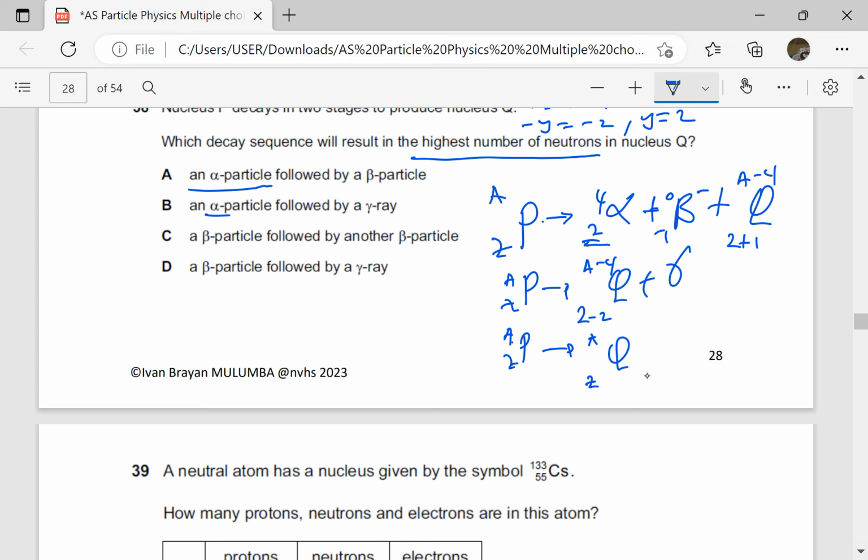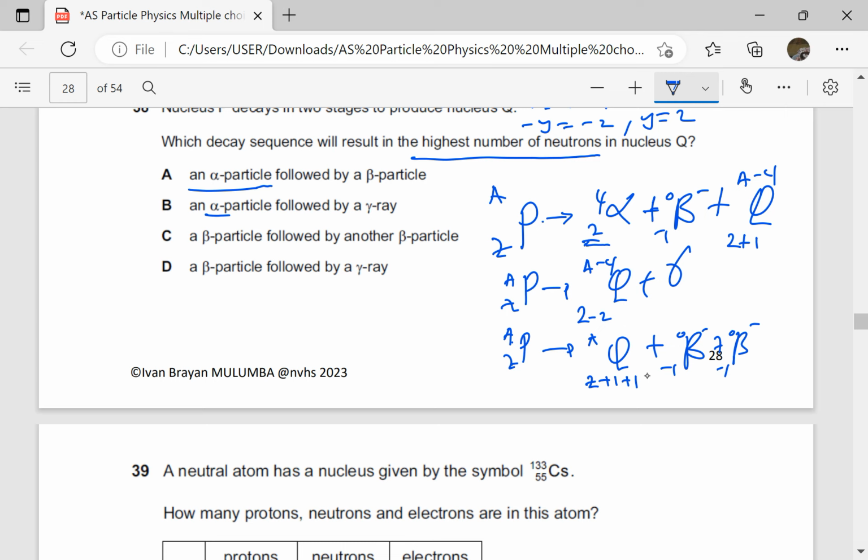So it is a beta followed by another beta, so Z is going to be plus 1, plus 1 again, because we have beta minus, 0, -1, and another beta minus, 0, -1. So the nucleon number has not changed, it has not reduced. But the proton number increased by 2.